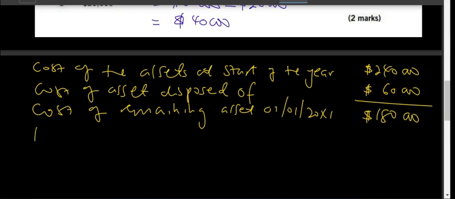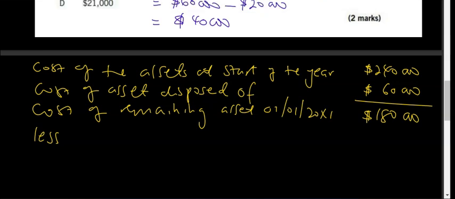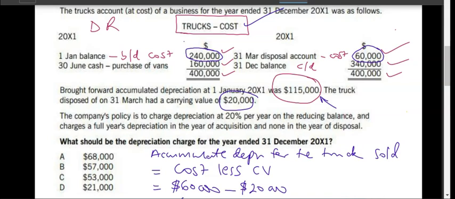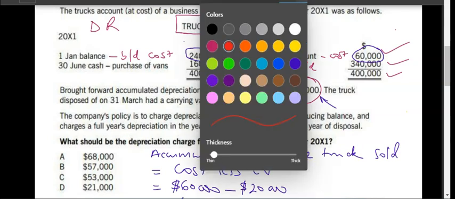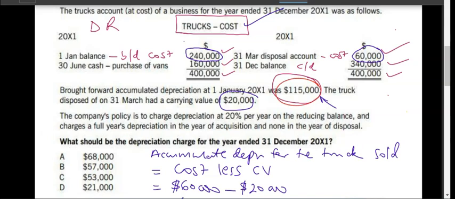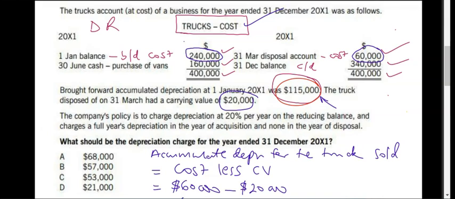Then we have to deduct accumulated depreciation, because I've already indicated that the cost of 240,000 was independent of the accumulated depreciation, as that was the original cost of the assets. But remember the accumulated depreciation figure we were given, the 115,000, was inclusive of the accumulated depreciation of the assets which have been disposed of.